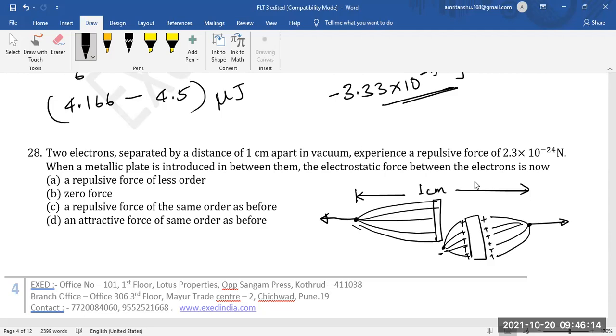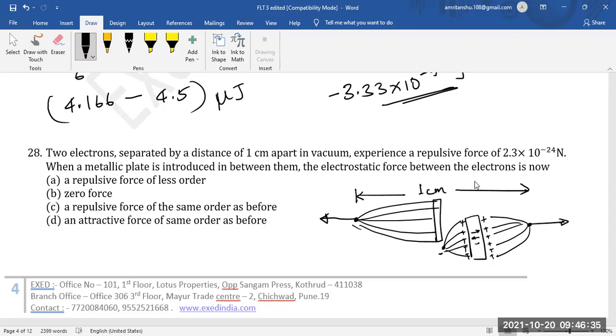So I think it should be zero force, because we should always know that electric field cannot pass through a metallic thing. Electric field will balance itself in such a way that net electric field here is always zero. So this electric field will not be able to penetrate this metallic surface.